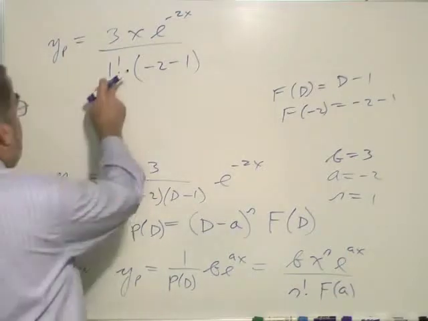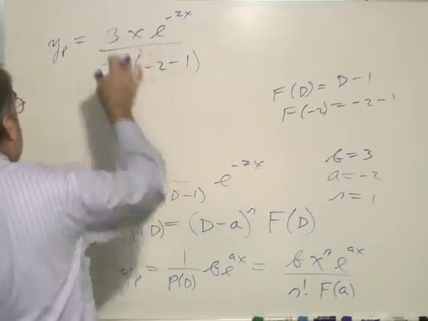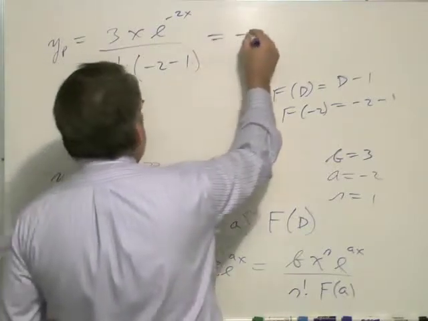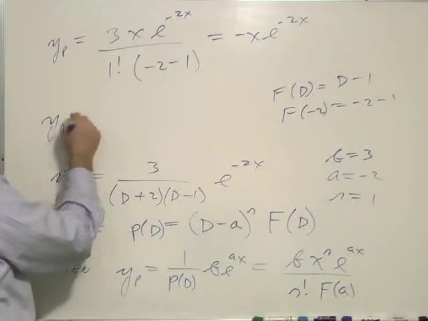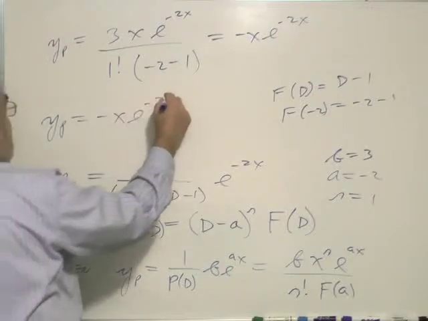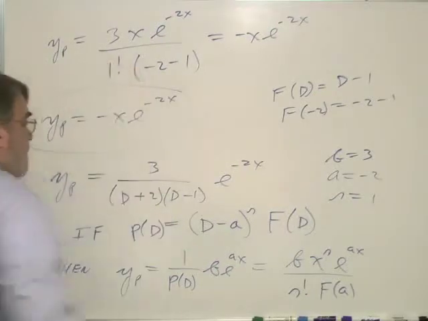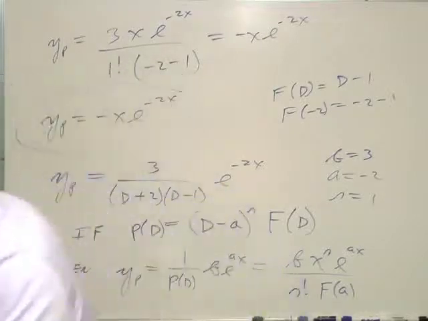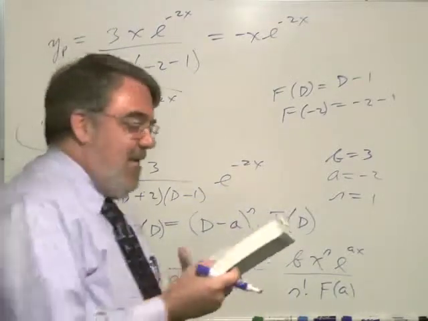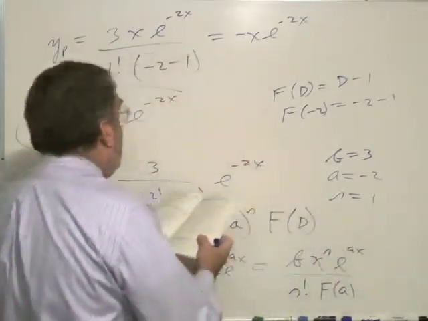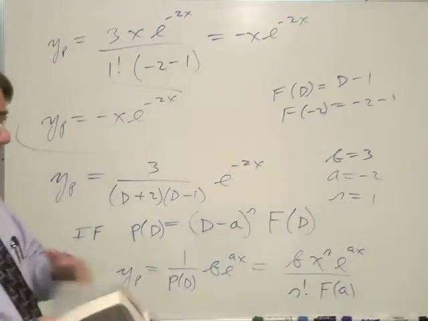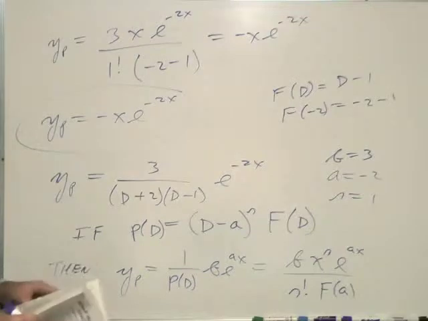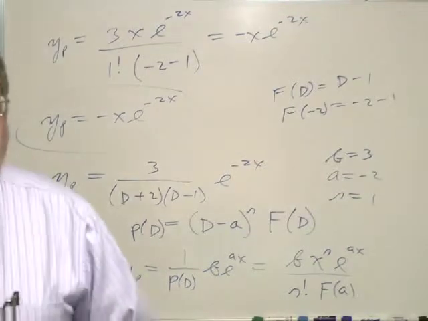Well, 1 factorial is 1, negative 3 cancels positive 3. I get minus x e to the negative 2x. So here's our answer. Y particular is minus x e to the negative 2x. Well, let's double check that. Trust but verify. And yep, that's the answer they got. So a handy little theorem for some exceptional cases.